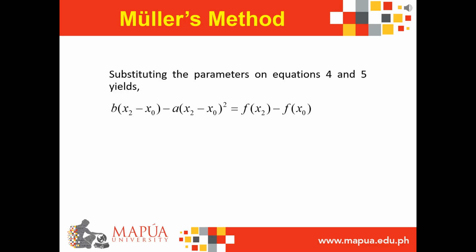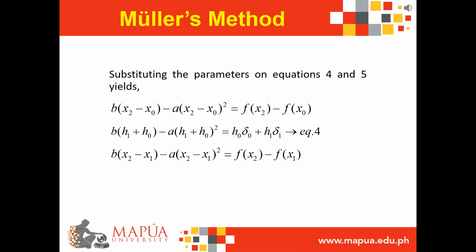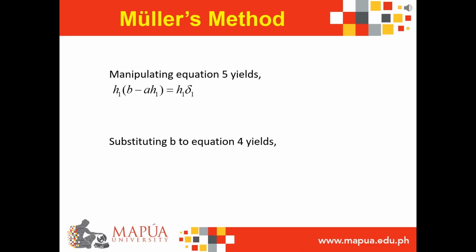Substituting then the parameters on your equations 4 and 5 will eventually yield to be like this. Those curve-fitting parameters are then substituted and it becomes like this, your equation 4. Then this becomes your equation 5. And from your equation 5, you could actually solve for your coefficient b.